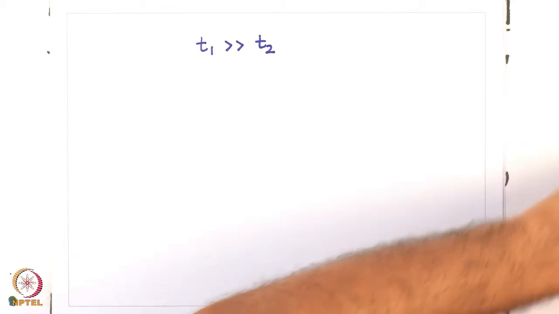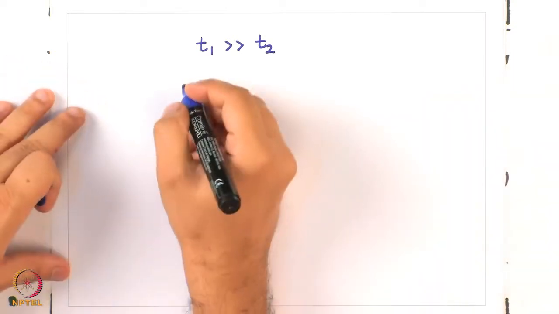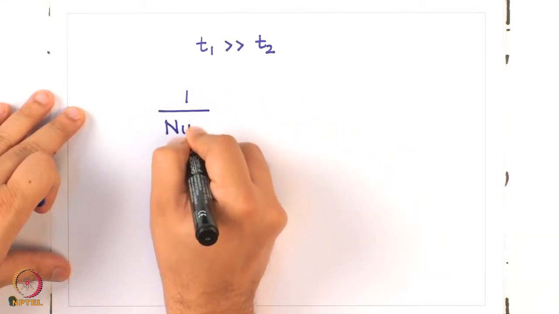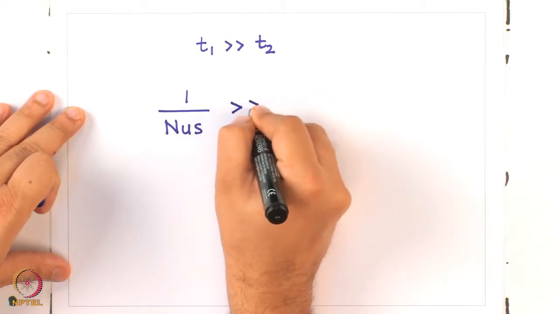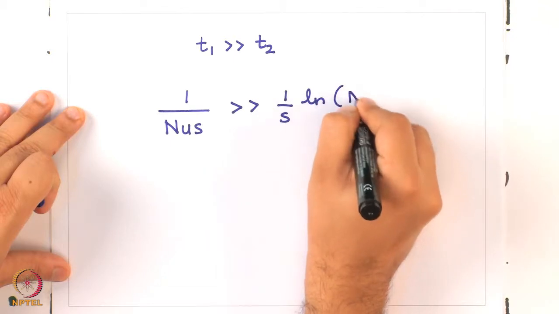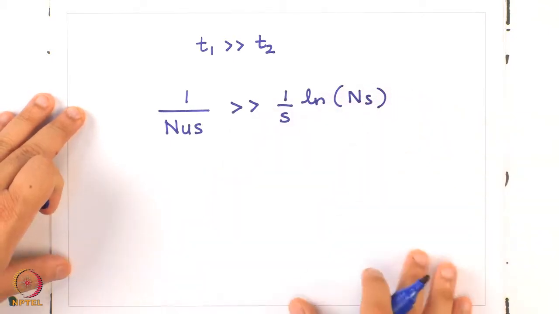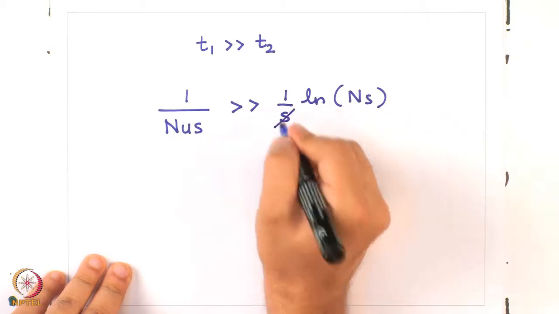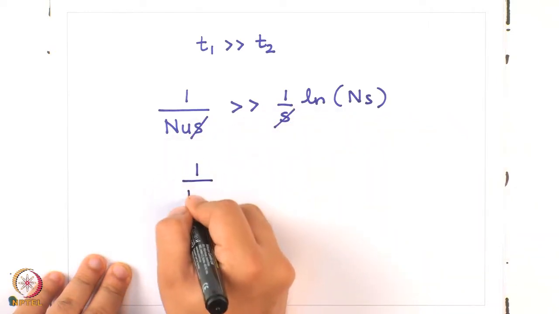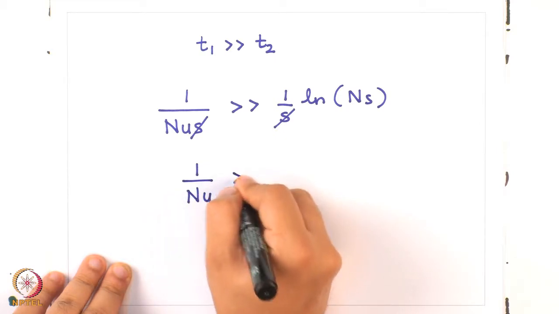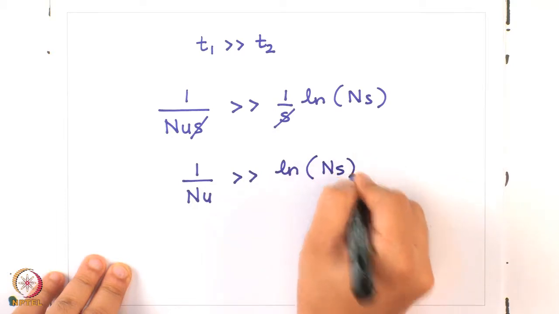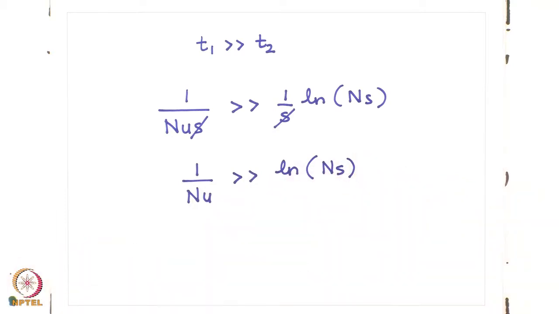Let's rewrite our expressions for T1 and T2: 1 upon NUS should be much bigger than 1 upon S ln of NS. We can cancel the S's from the two sides, and the condition that we get is that 1 upon NU is much bigger than ln of NS for our analysis to be valid.